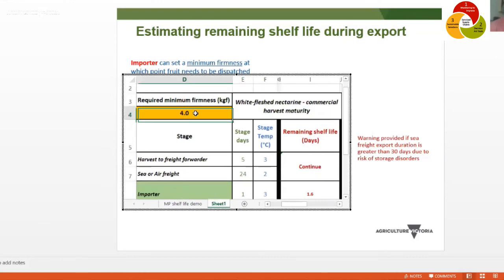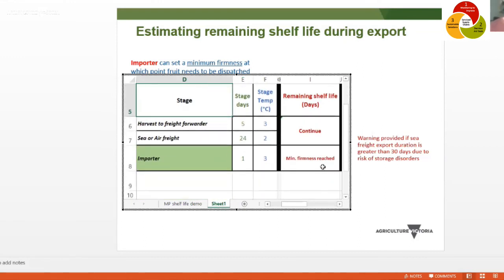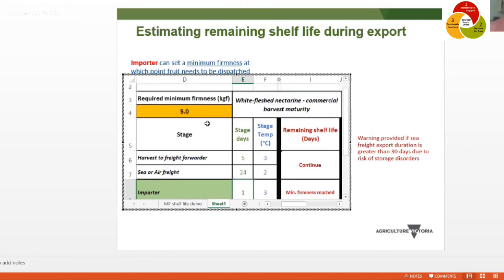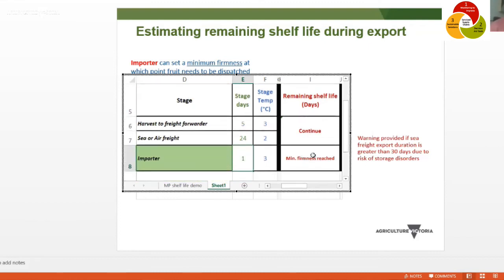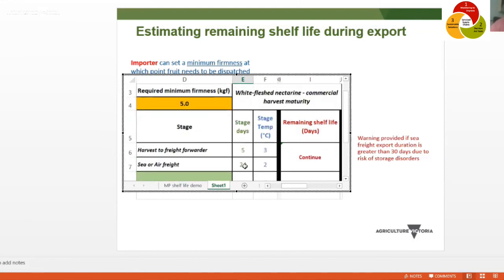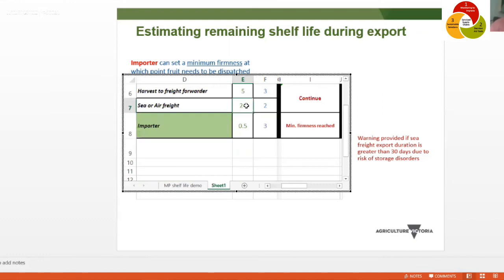And if we change that to 5, it should show the minimum firmness reached. So basically, what this is indicating is that if you have to sell the fruit before it gets below 5 kilos, then you've already gone beyond that time. If we change that to 0.5, it might, no. So let's change that to 21 days, you've got a perfect export.